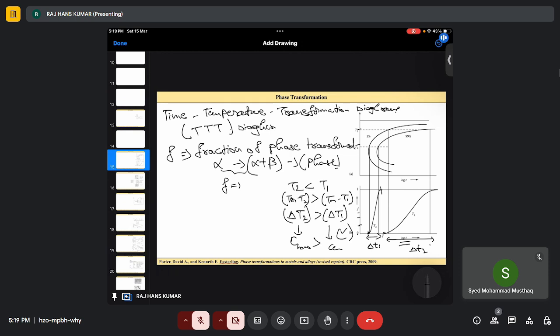And if I try to draw with respect to the temperature T2, so this is my T2, and this is my point 1, point 2. And for T1, this is my starting one, and this is my ending time. So this is my start and this is my finish.